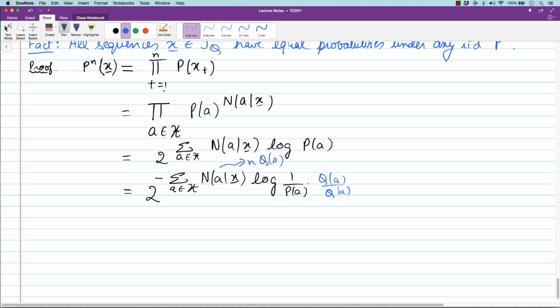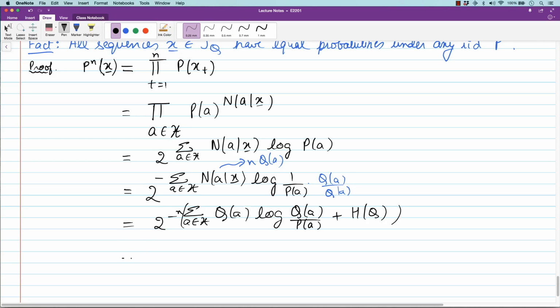That's because the sequence is of type Q. So this becomes 2 to the power minus summation over A in x, this n comes out, QA log QA by PA, plus, all inside the minus, plus the entropy of Q.